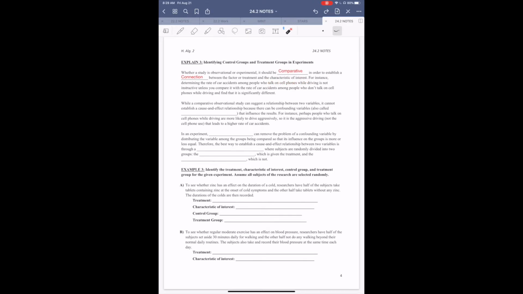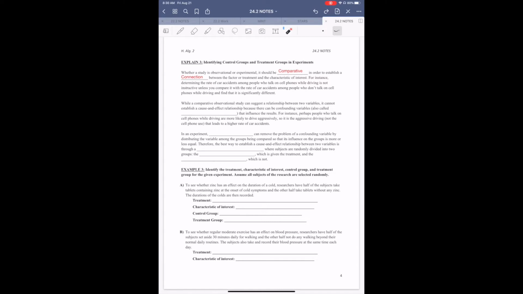For instance, determining the rate of car accidents among people who talk on cell phones while driving is not instructive unless you compare it with the rate of car accidents among people who don't talk on cell phones while driving and find that it is significantly different.